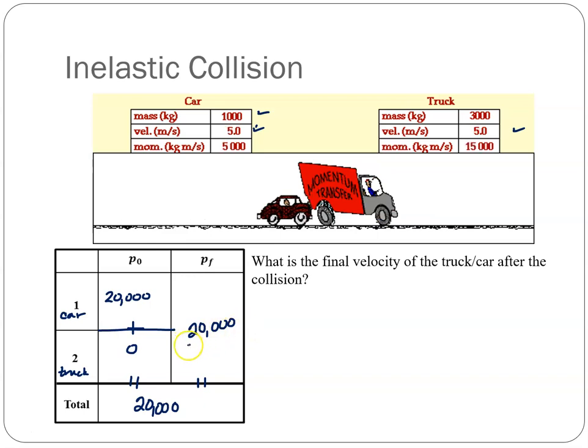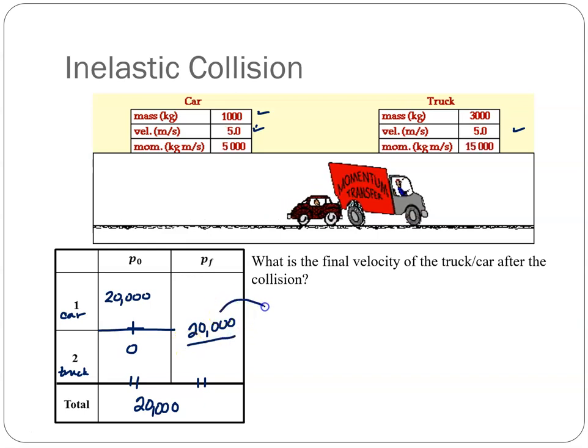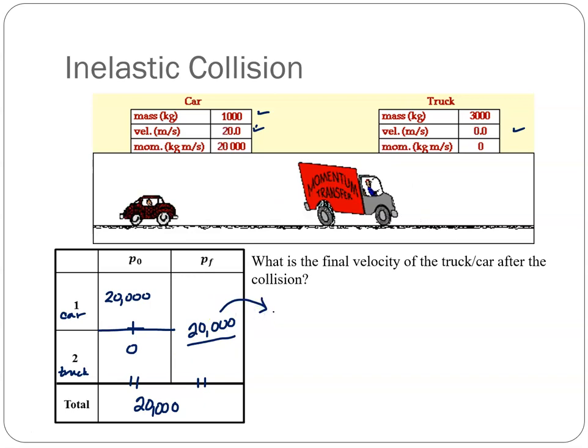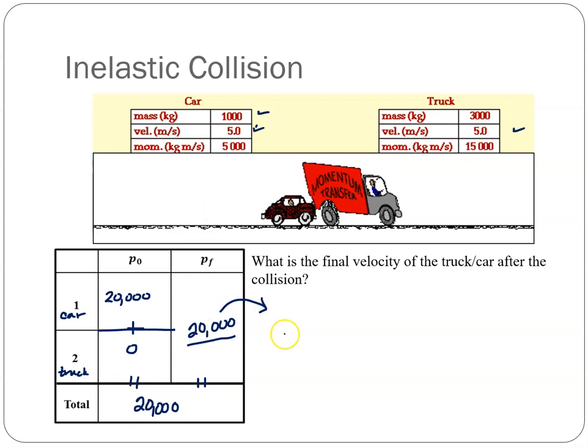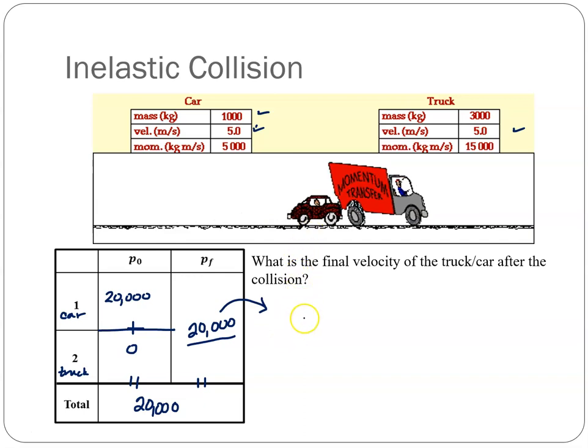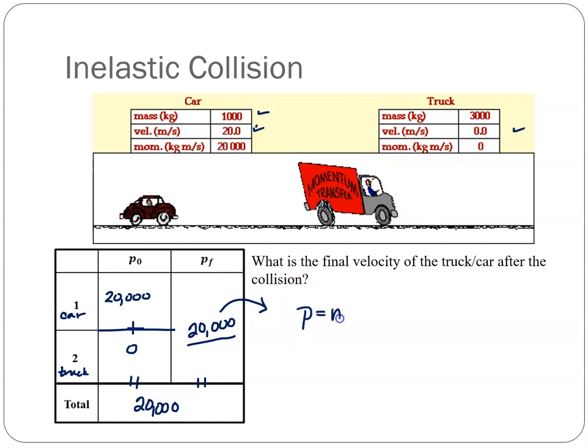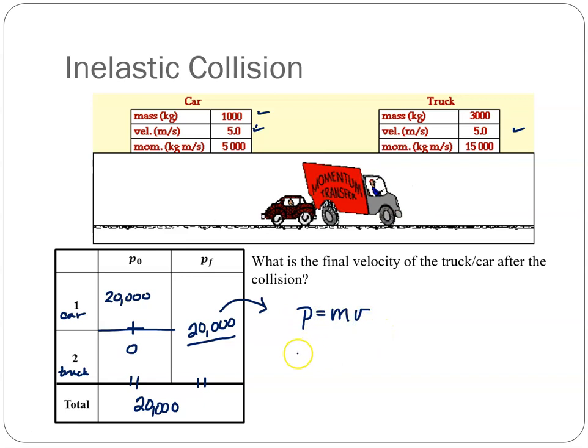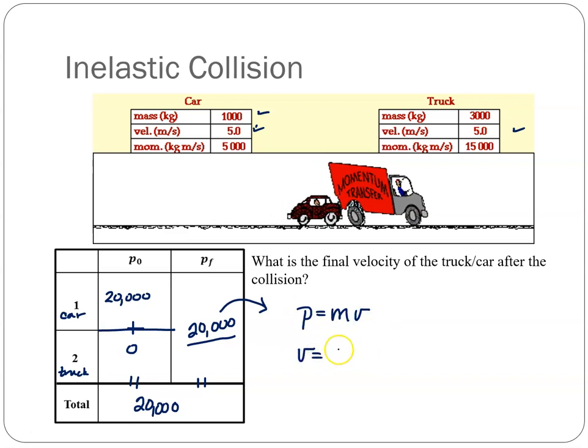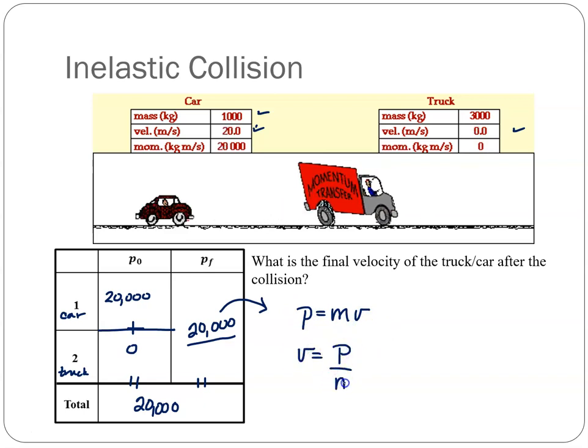Once I have the momentum that I'm looking for, I'm going to take it out of the box, and then I can use that to calculate the final velocity. Momentum is mass times velocity, so my velocity is going to be my momentum divided by my mass.